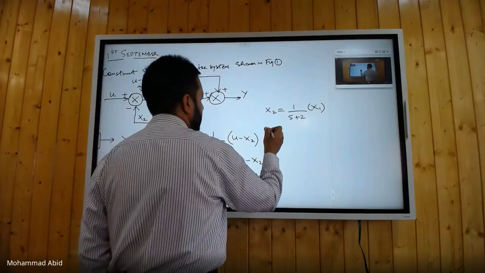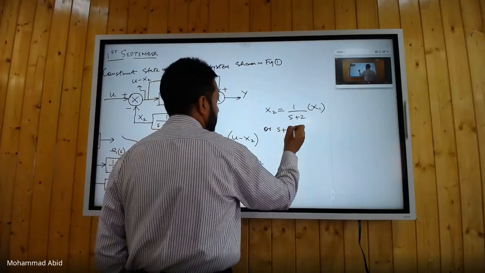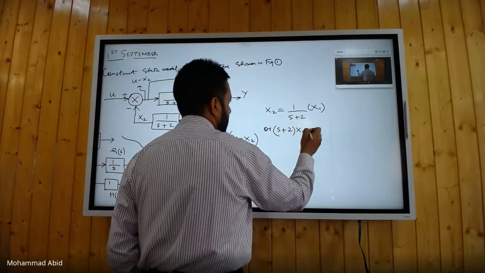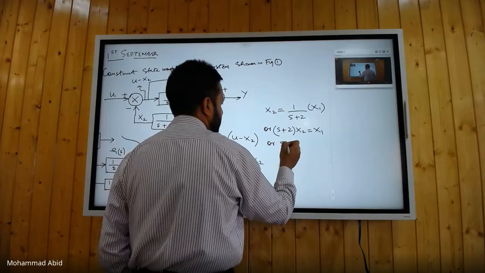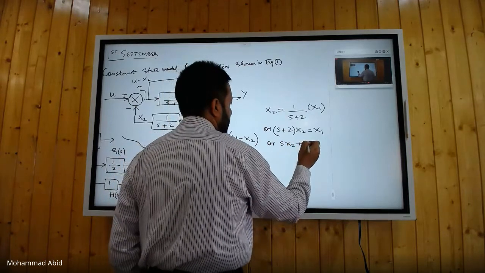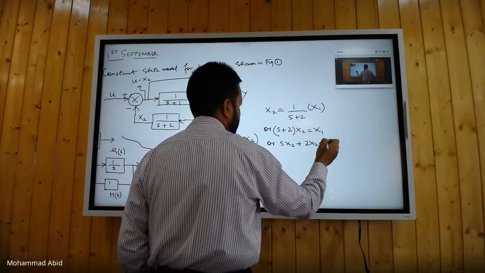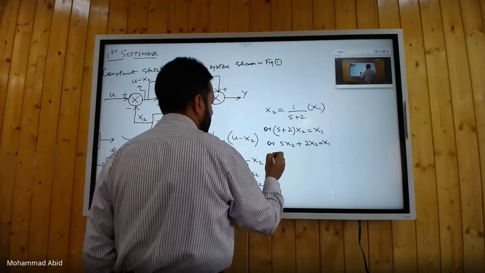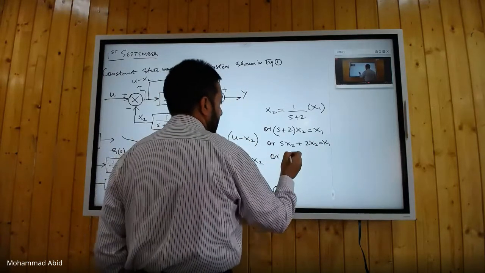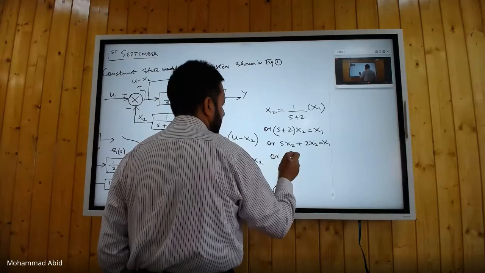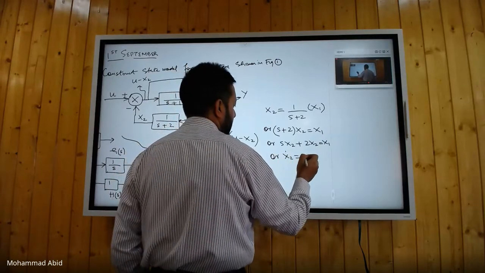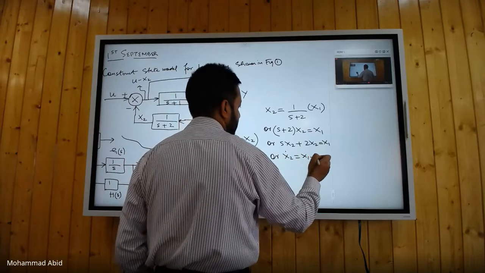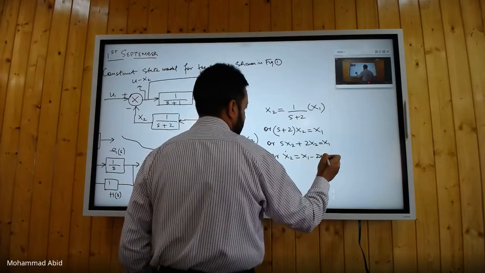Or I can write s plus 2 into x2 is equal to x1. Or I can write sx2 plus 2x2 equal to x1. Or I can write x2 dot is equal to x1 minus 2x2. This becomes your equation number 2.